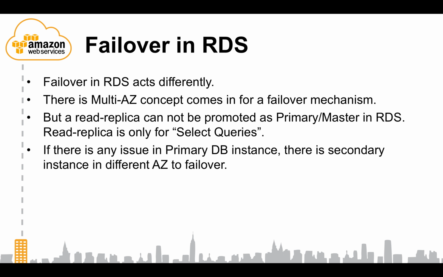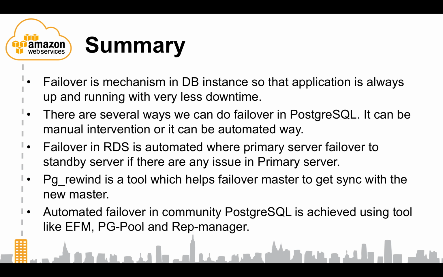The place where you can failover is the multi-AZ concept, where if something goes wrong with one instance, it automatically fails over to the second multi-AZ server. So it's something very different in RDS. That's how things happen in RDS.